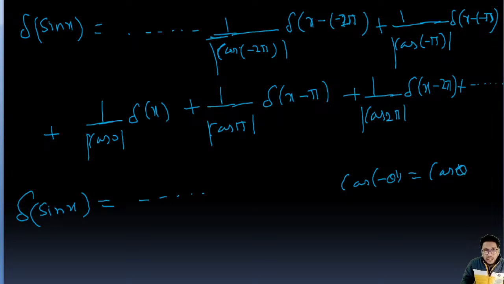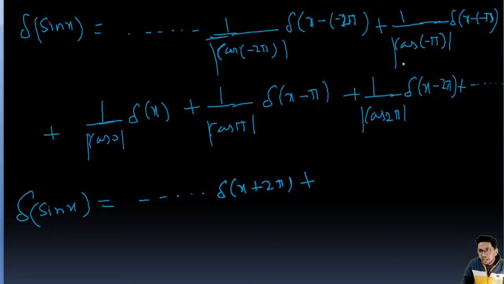Cos 2 pi value is 1 and mod is 1, so it gives 1 upon 1, that is 1, times delta x plus 2 pi.